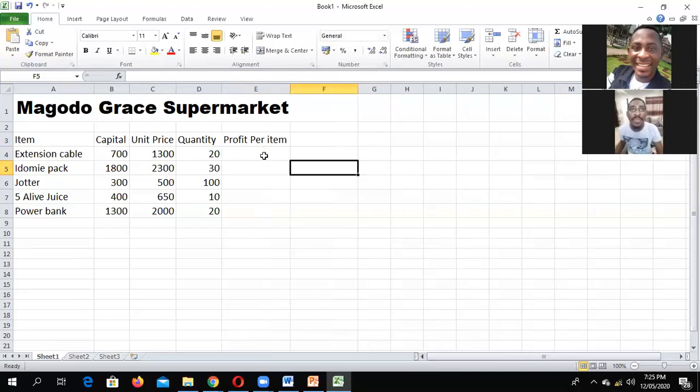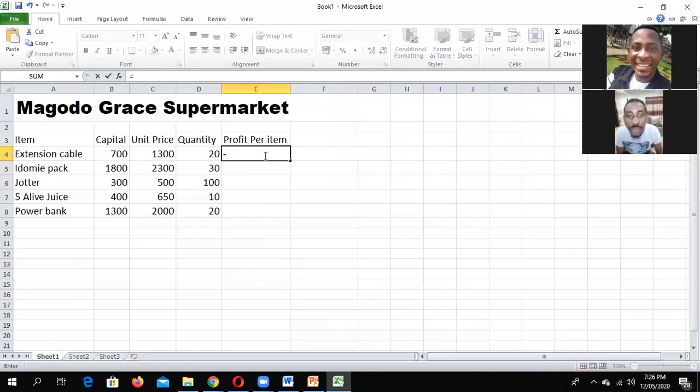Profit per item. So here, now, whenever we're doing our calculation in Microsoft Excel, please always remember that whenever you are calculating using formula, equals to comes first before any formula. So I'm going to start by typing my equals to here.